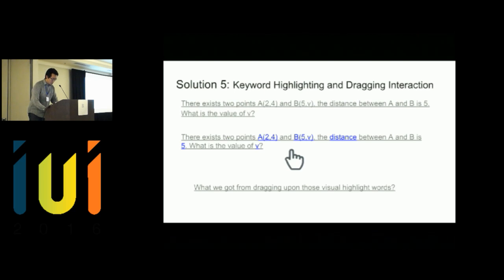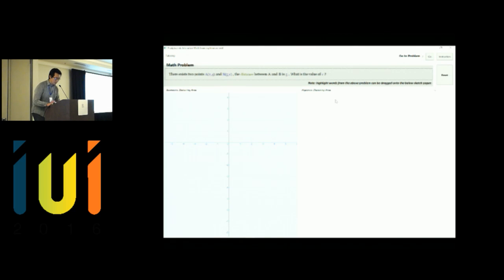I'll give you an example. If she is right now solving this problem, she can just drag the corresponding point there. If she drags, say, B onto the geometry side, it cannot be dragged because it's not a concrete point. What she needs to do is drag it onto the algebra side.